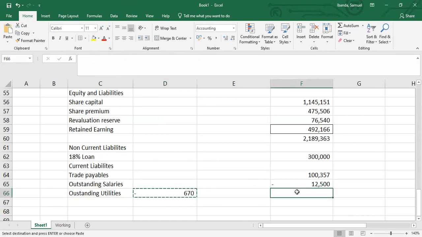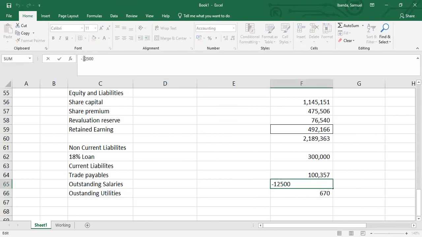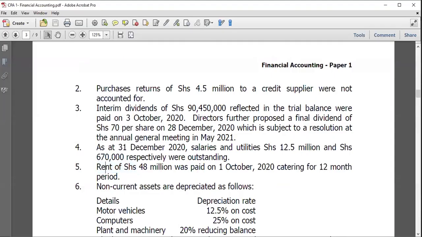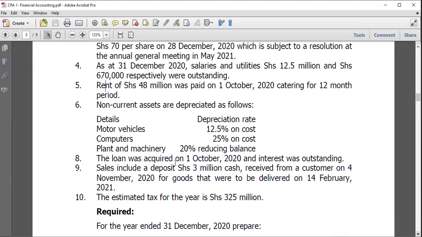So this is 670. Let me just remove this here. It's negative. So those are liabilities in themselves. The next one that I'm also going to record, this was a prepayment, I recorded it. This one, the interest that was outstanding.